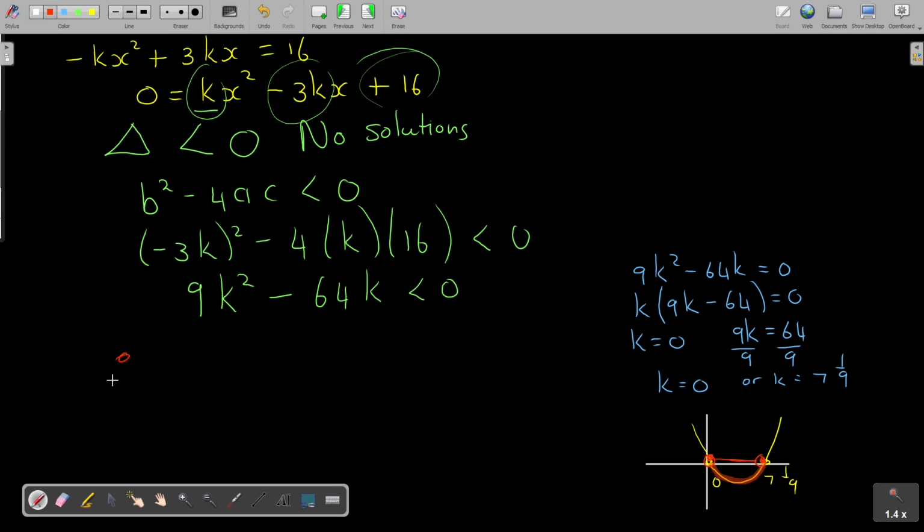So therefore, k is bigger than 0 and smaller than 7 and 1 over 9. That is the range of values where this equation will have no solution. It will not intersect the x-axis. In the next video, I will do number 3 and number 4.